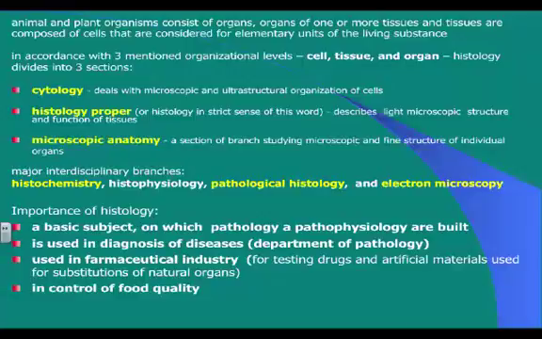And microscopic anatomy takes the tissues and goes up and says, what do the organs look like? And let me explain this. So what histology represents for us is what tissues look like. But understand that the cells that make up the tissues are really different.